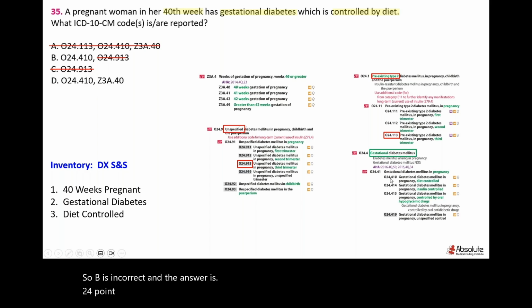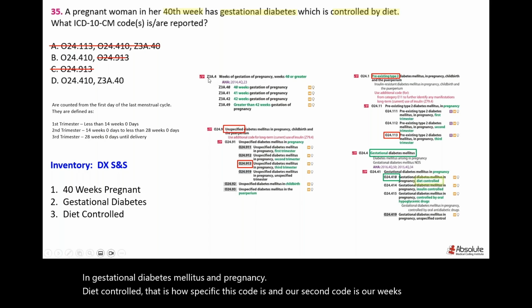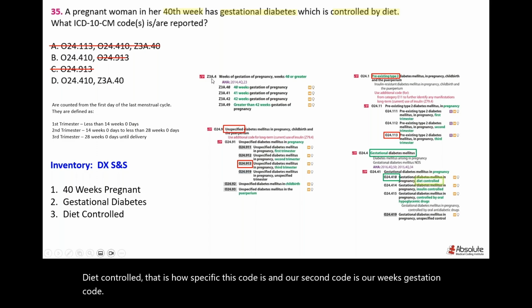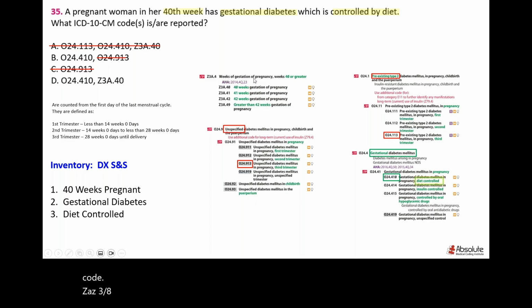O24.410, gestational diabetes mellitus in pregnancy, diet controlled. That is how specific this code is. And our second code is our weeks of gestation code. Z3A.40, weeks of gestation of pregnancy, 40 weeks or greater.